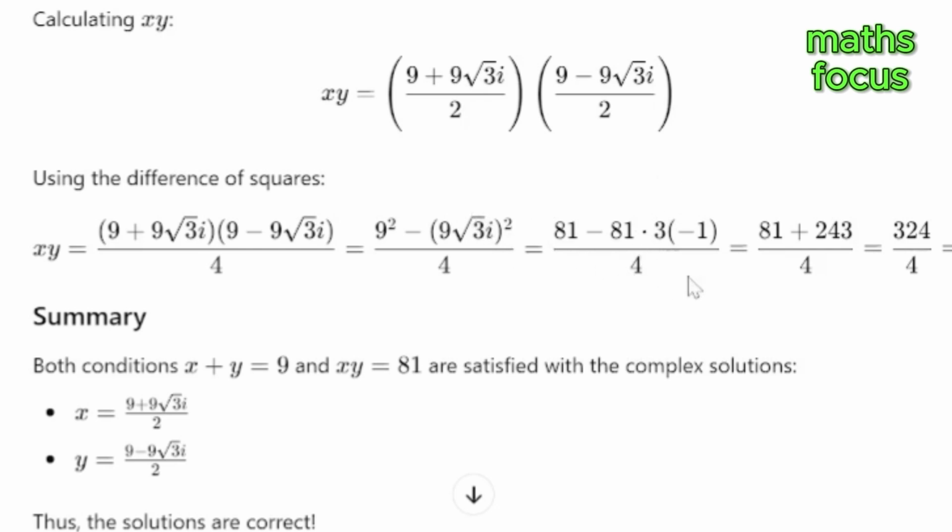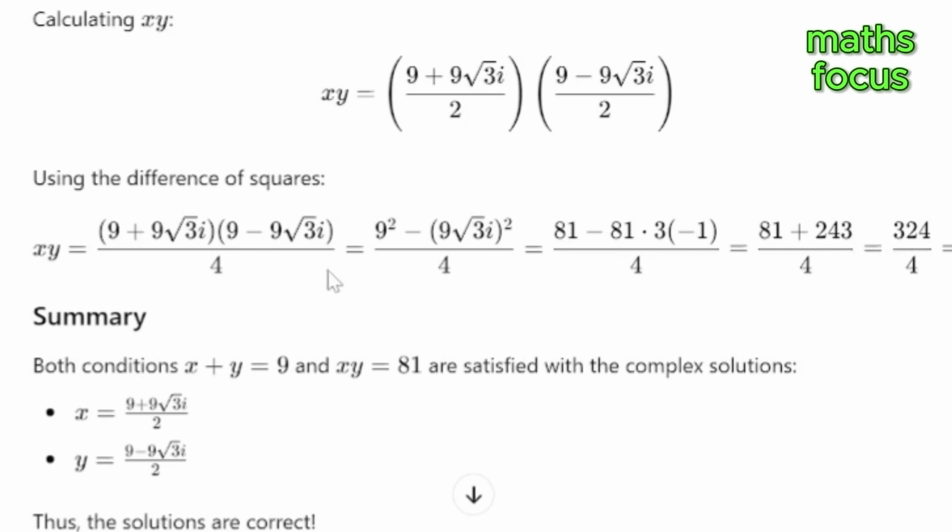So divided by 4, which is equal to (81 plus 243) divided by 4. 81 plus 243 is 324, divided by 4, and this is equal to 81.